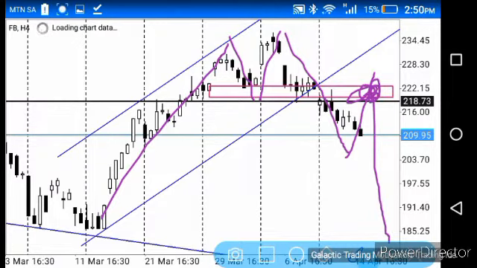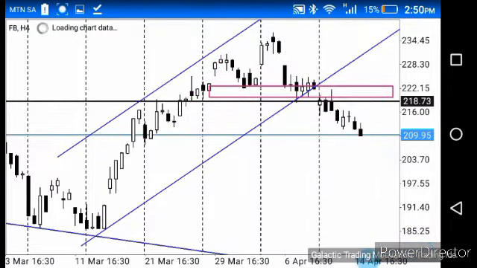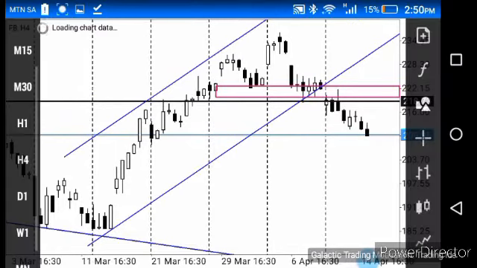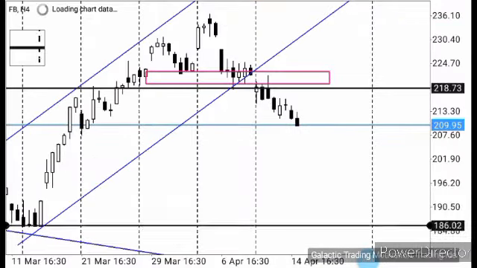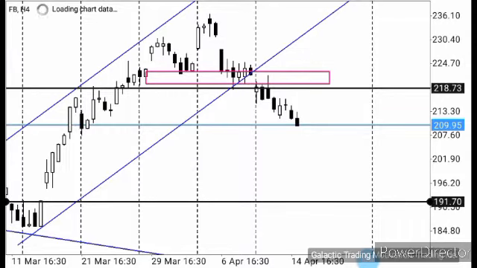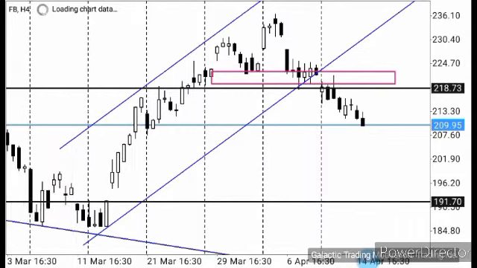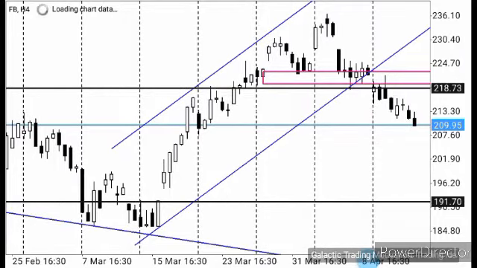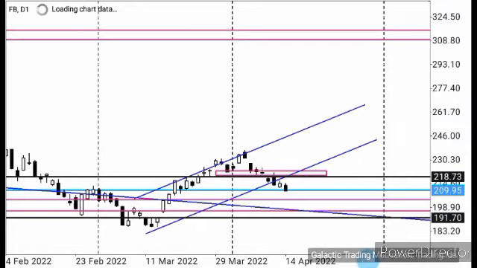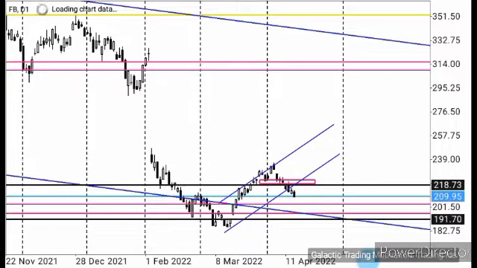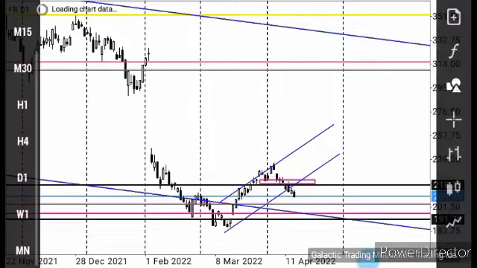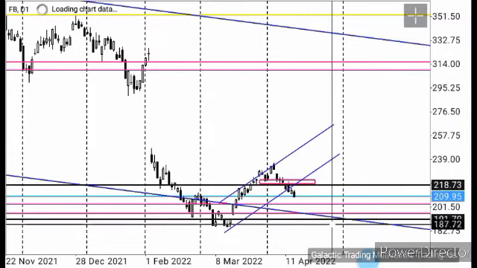And my first take profit, I think, should be at this level where we have the gap that has formed, right? Just heading back to the daily chart. Yeah, that would be good, I think, to keep this level as the first take profit.